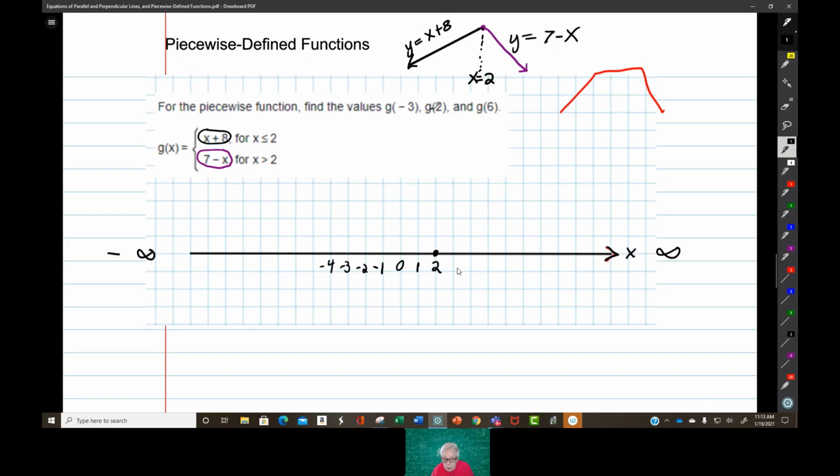And 1, 2, 3, 4, 5, 6, and so on. But this is where your change happens right here. I'm going to make a little dashed line. Now I'm not being asked to graph anything, so you don't have to panic.